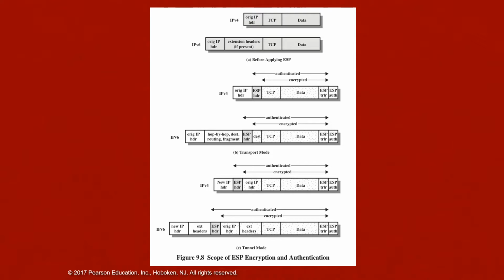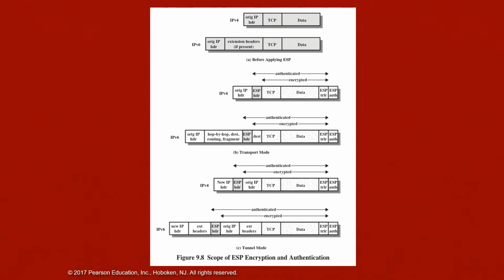For IP version 6, encryption covers the entire transport level segment plus the ESP trailer plus the destination options extension header if it occurs after the ESP header. Again, authentication covers the ciphertext plus the ESP header.